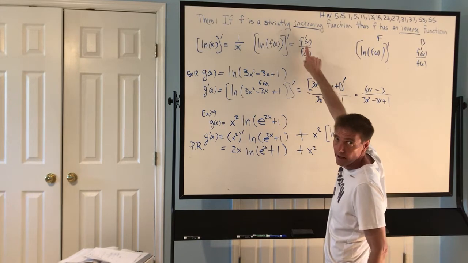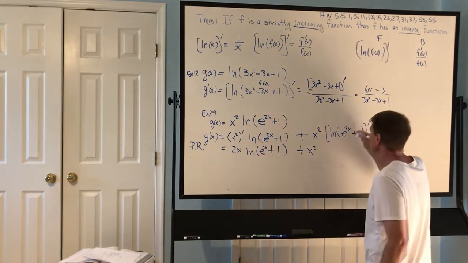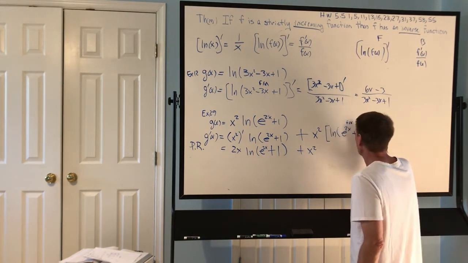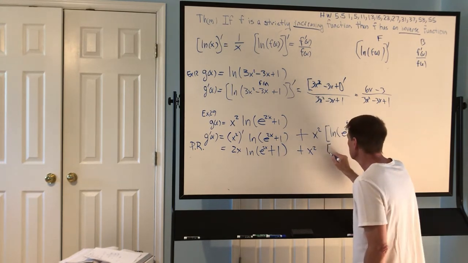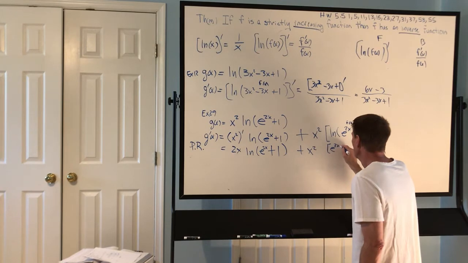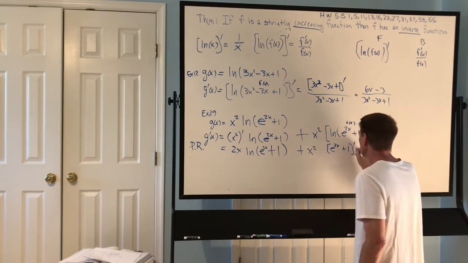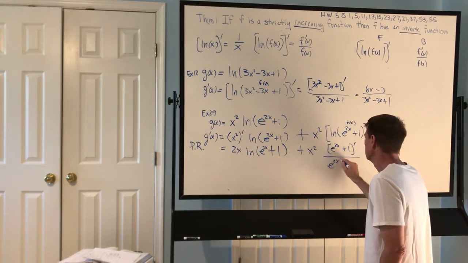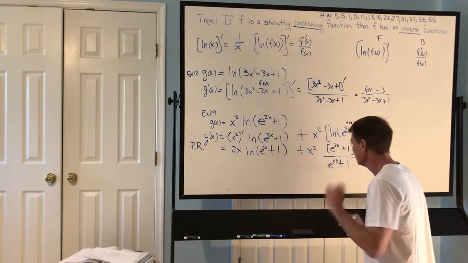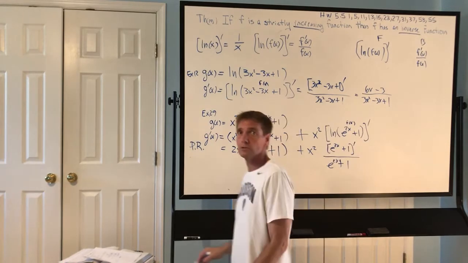Say that. F prime of x over f of x. All of this is my f of x. So it's going to be the derivative of e to the 2x plus 1 over e to the 2x plus 1.